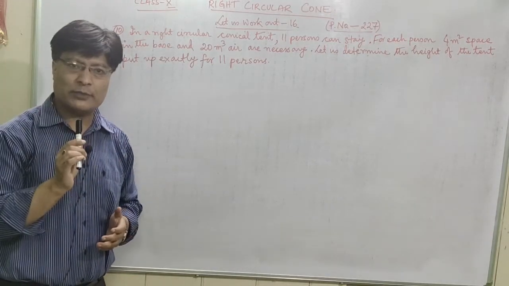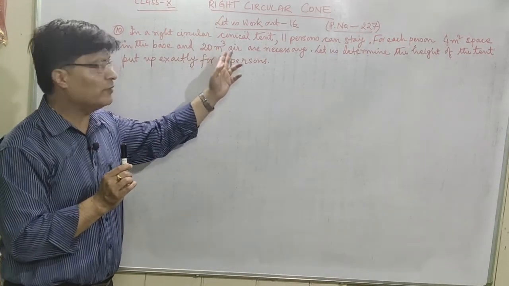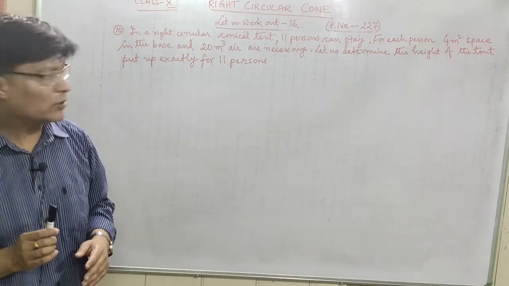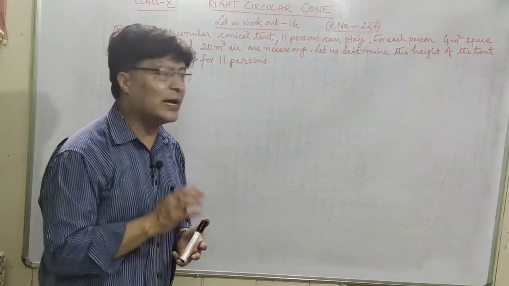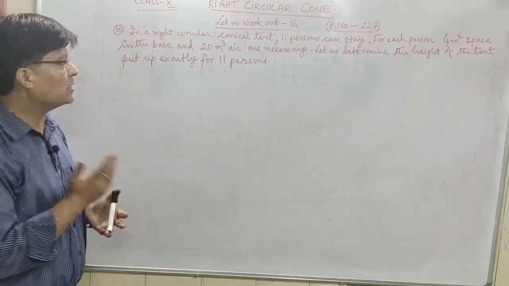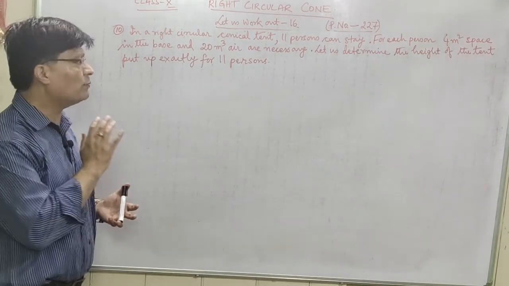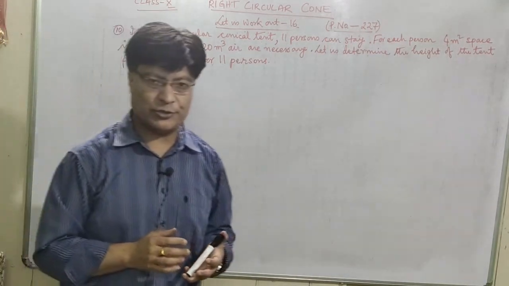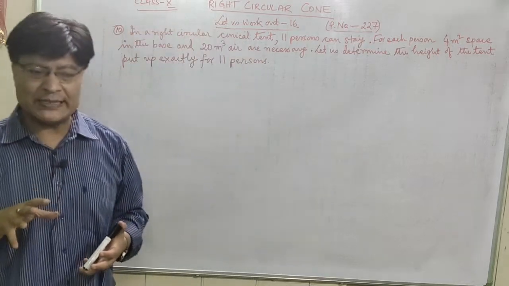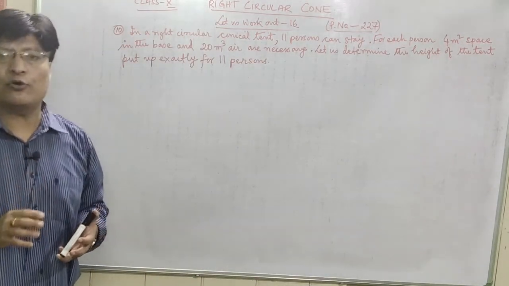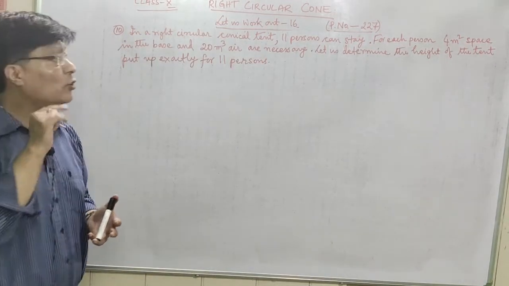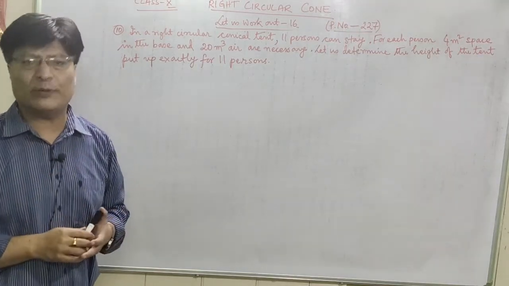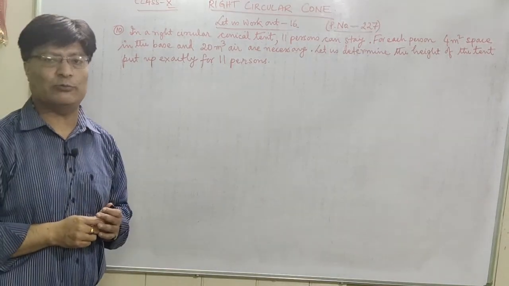For only one person 20 meter cube air is necessary. Okay, so let us determine the height of the tent. Let us determine the height of the tent put up exactly for 11 persons. You have to find the height of the conical tent in which 11 persons can stay.